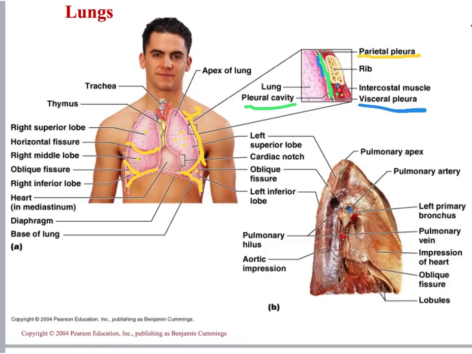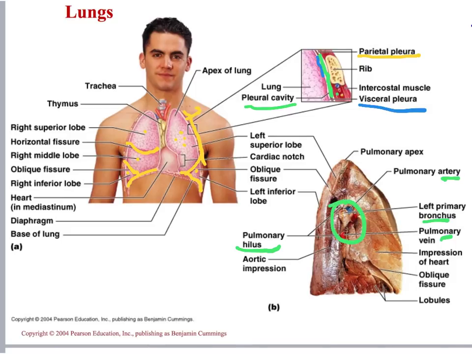Another thing I want to mention is this area, which is known as the hilus, where we have the entrance of the pulmonary artery, primary bronchus, and pulmonary vein. These come in and exit in this area.